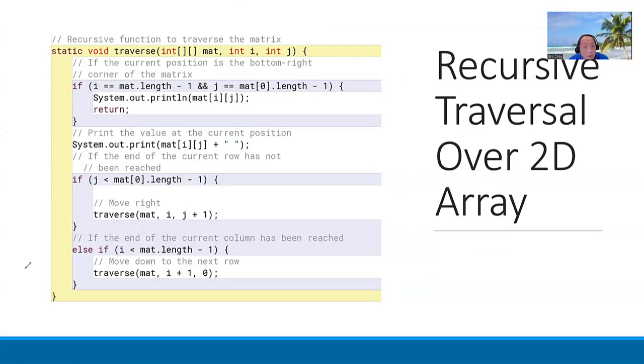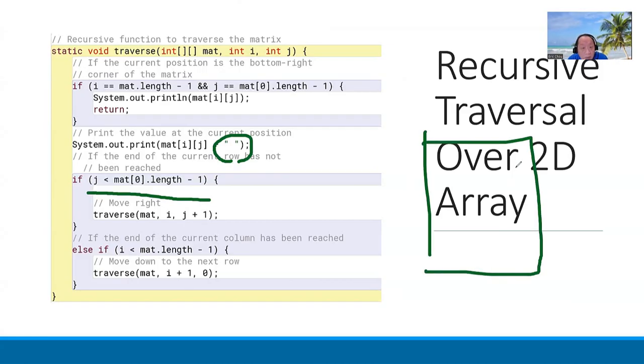Otherwise, you print this one, and then if J is not the last one, you keep going for bigger J first, until it is greater than n minus 1.